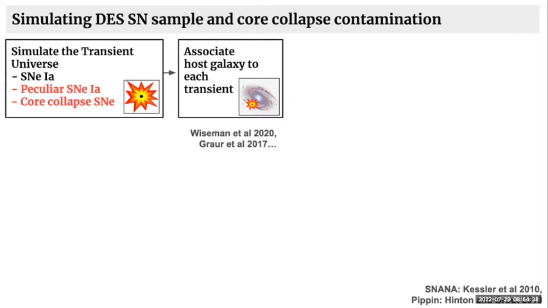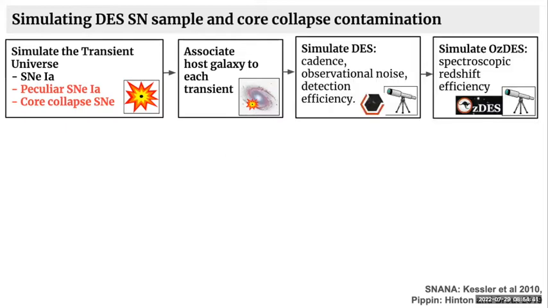The third and fourth steps, next slide, are, once we have simulated all the astrophysical components, supernovae and galaxies, to simulate all the observational effects that come from the fact that we have to observe this universe through the eyes of our telescopes. So first we apply the observational noise and detection efficiency associated with the imaging survey, DES.